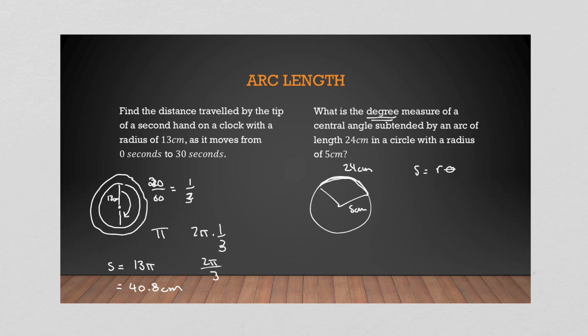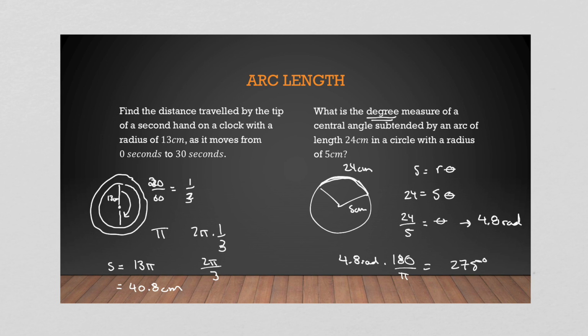In this case, we have 24 is equal to 5 times theta. So 24 over 5, and remember that that's going to give us theta in radians. That gives us 4.8 radians. And then since we want degrees, we take our 4.8 and multiply it by 180 over pi, calculate that through, and you get 275 degrees.